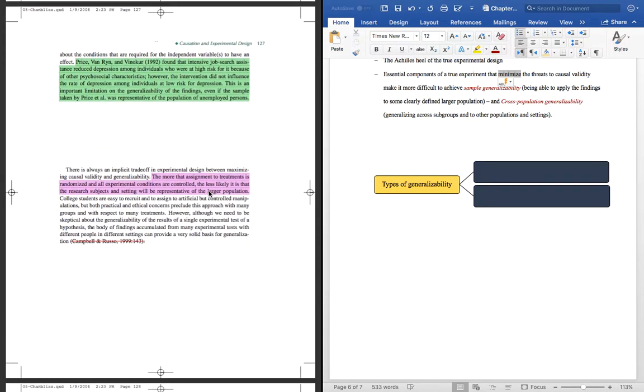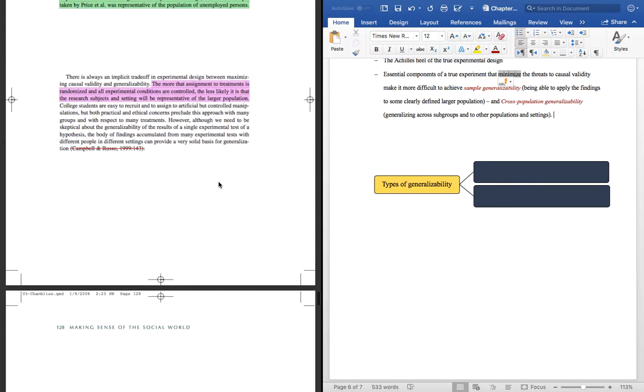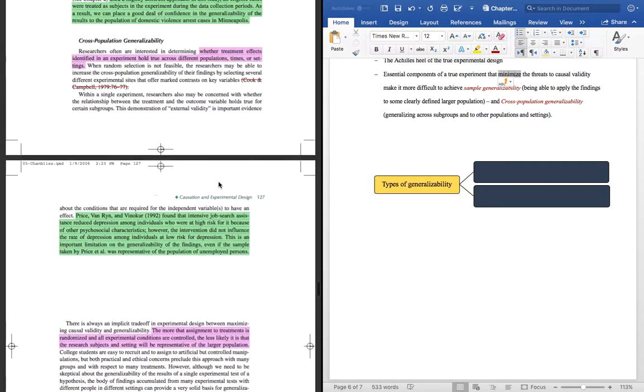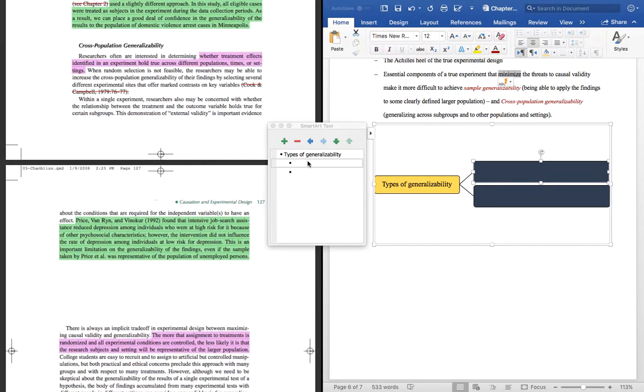Could we apply our conclusions to other countries? So this graph is basically different types of generalizability. Again, it's sample generalizability and cross population.